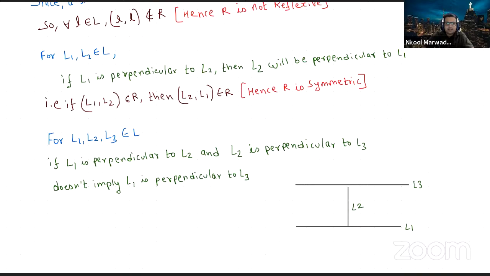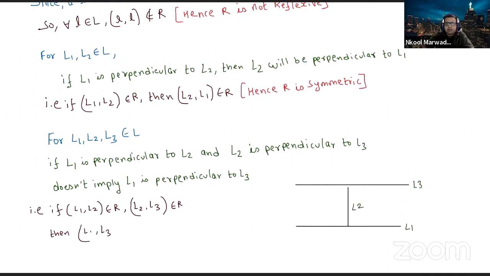So mathematically, I can say that if (L1, L2) belongs to R, it means L1 and L2 are perpendicular to each other, and (L2, L3) belongs to R, like L2 and L3 are perpendicular to each other, then (L1, L3) does not belong to R because L1 and L3 can never be perpendicular.